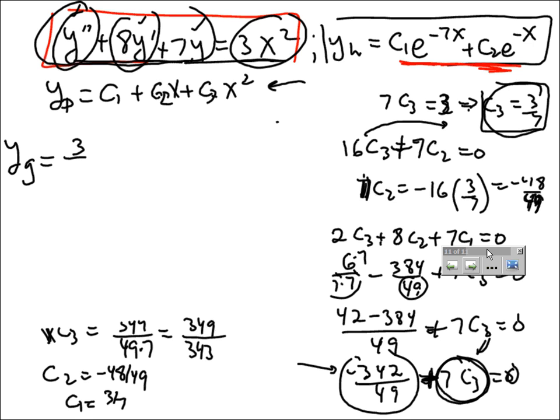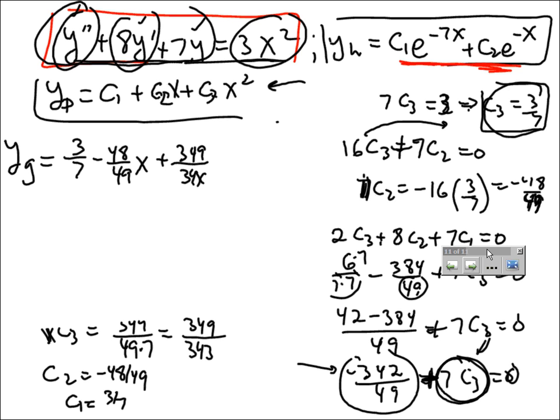It's C1, I'm copying this, it's C1 plus C2, which is negative 48 over 49 x, plus C3 x squared.